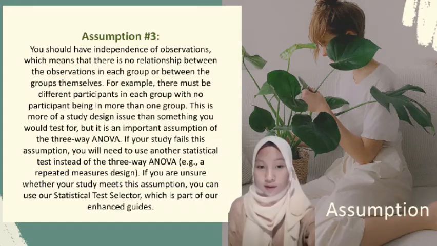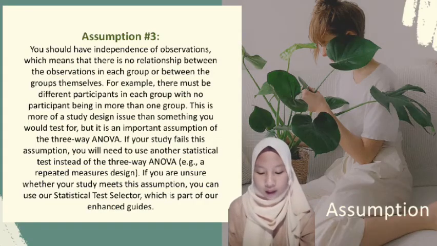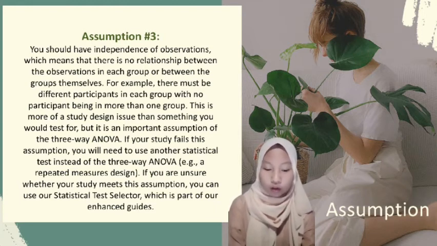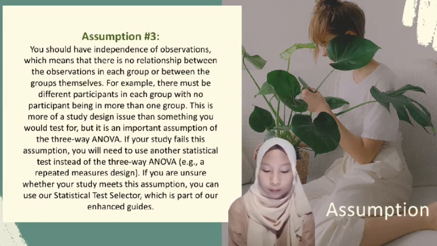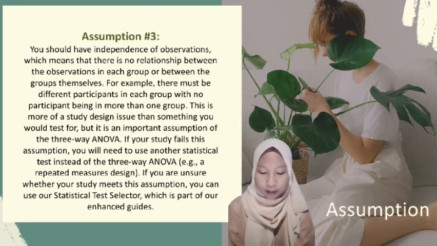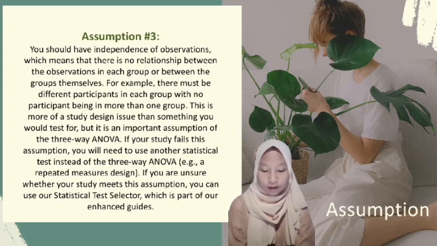Next, assumption 3. You should have independence of observations, which means that there is no relationship between the observations in each group or between the groups themselves. For example, there must be different participants in each group with no participant being in more than one group.